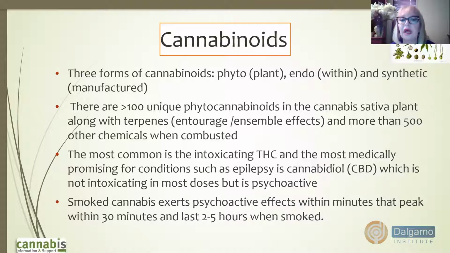There are more than 100 unique phytocannabinoids in the cannabis sativa plant, the sativa being the most common plant group. And in addition to those cannabinoids, there are also a range of other chemicals known as terpenes and murines. And they provide the unique flavors and smells associated with the cannabis plant.